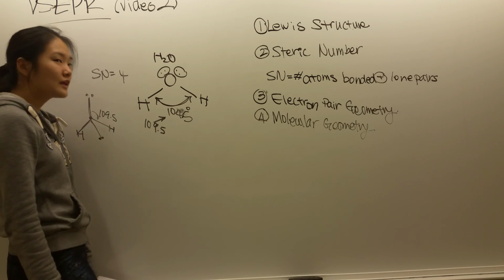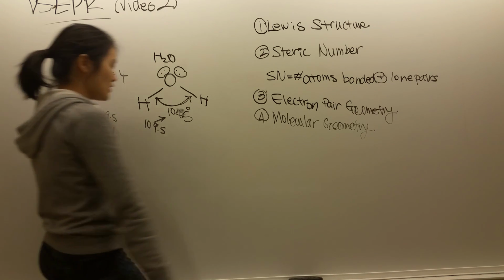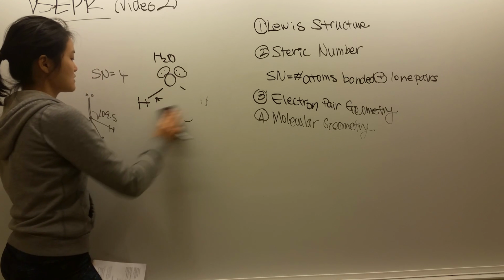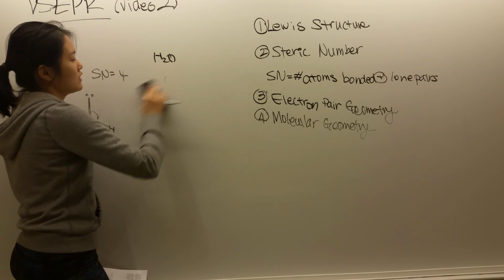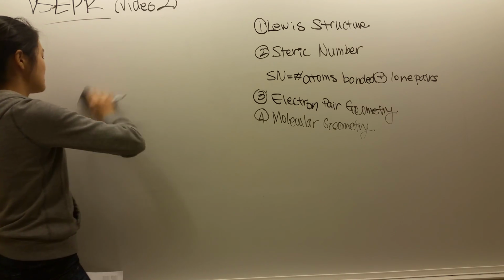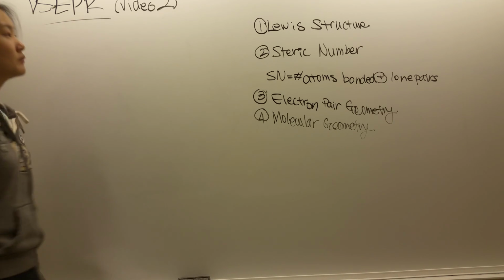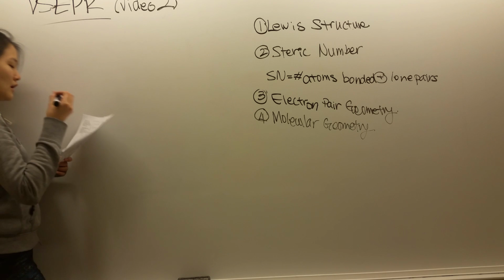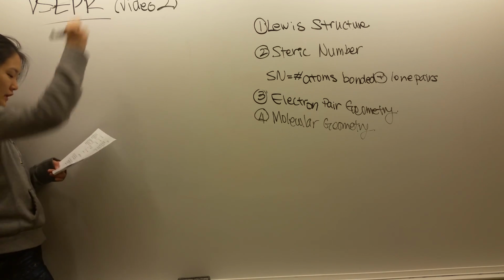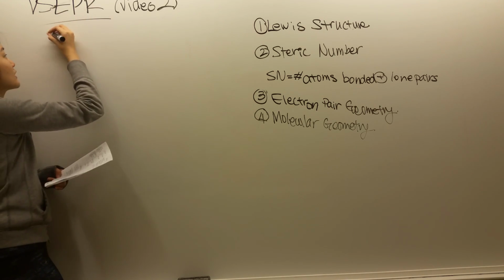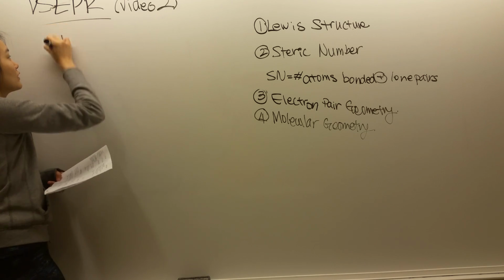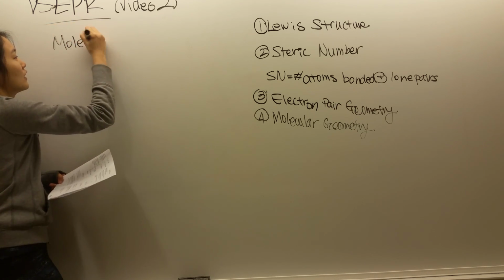What if it's like this, or what if it's like that? There are a lot more instances in which you have to question what exactly this molecule looks like. On my cheat sheet, I'm going to make sure to put this. Let's write this down so we know what we're talking about.